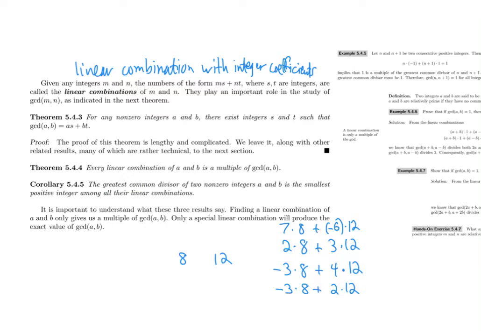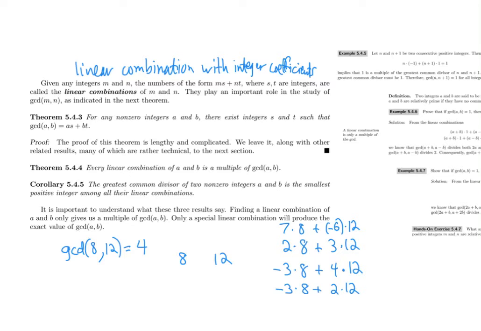Okay, so let's think about that. The GCD of 8 and 12, by inspection, is 4. Can we think off the top of our head of a way to write 4 as an integer linear combination of 8 and 12?